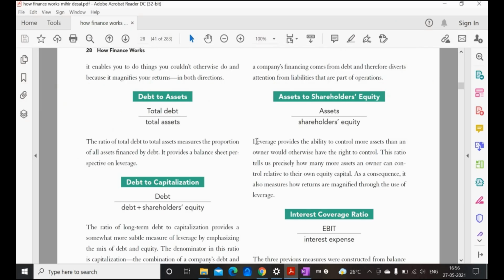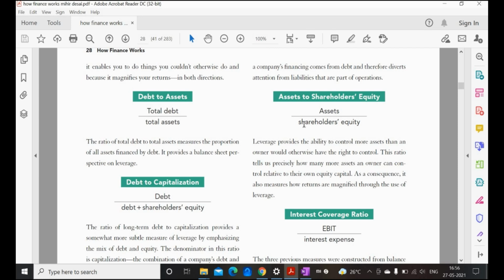Now let's read. Leverage provides the ability to control more assets than an owner would otherwise have the right to control. This ratio tells us precisely how many more assets an owner can control relative to their own equity capital. As a consequence, it also measures how returns are magnified through the use of leverage. As I discussed earlier, leverage can multiply your returns, or in that case, diminish your returns.